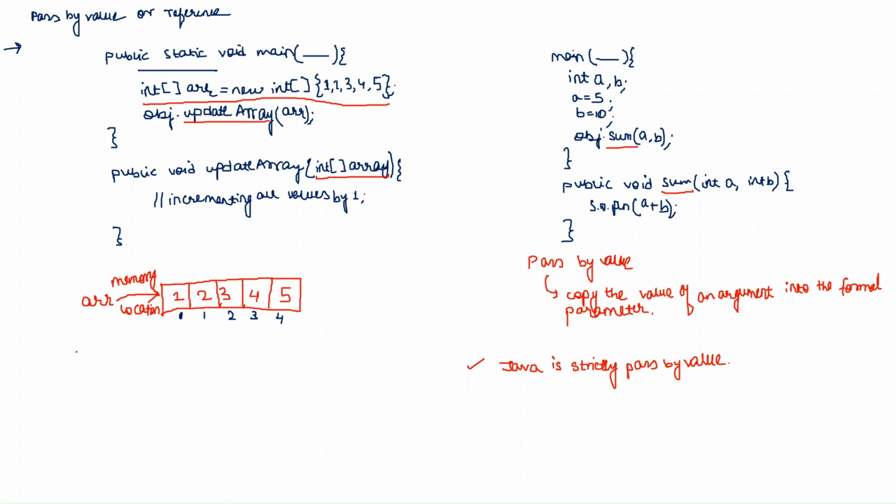What arr stores is a memory location, and when we pass this array object to the method updateArray, this memory location is assigned to the formal parameter array, and hence both variables point to the same memory location, and there is just one instance of the array. I hope you understand the situation. There are two pointers to the same memory location.